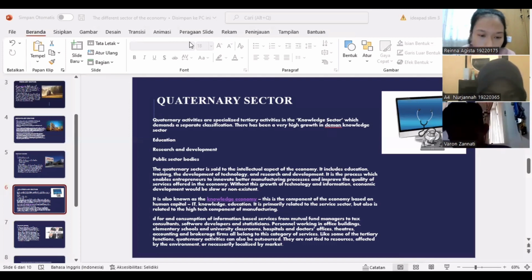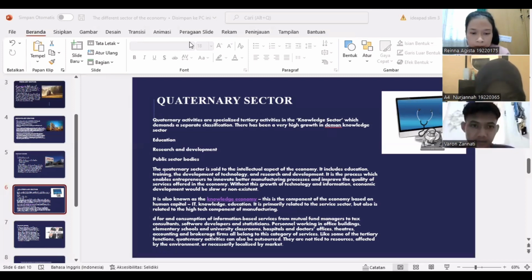It covers the consumption of information-based services, from mutual fund managers to tax consultants, software development, and statisticians. Personnel working in office buildings, elementary schools, and university classrooms, hospitals and doctors' offices, theaters, accounting, and brokerage firms all belong to this category of services.